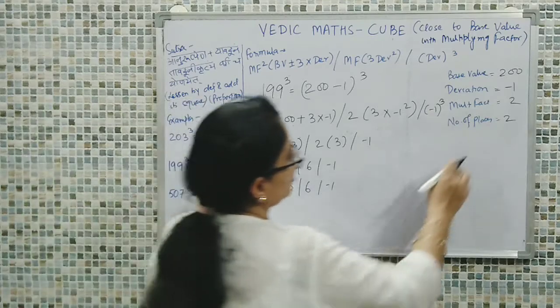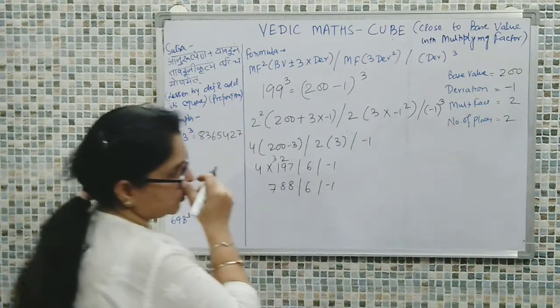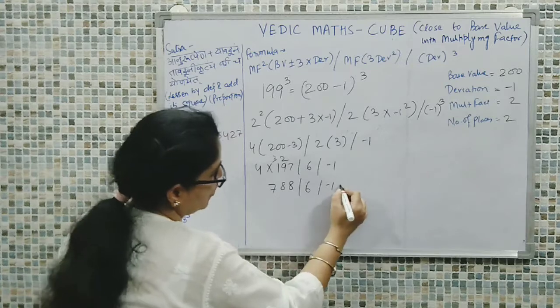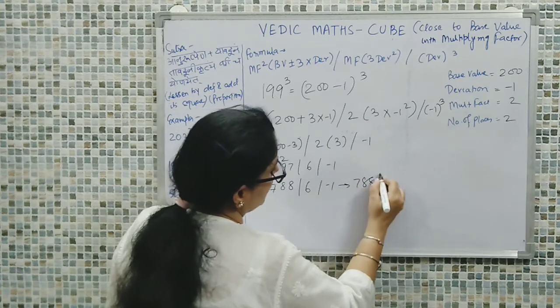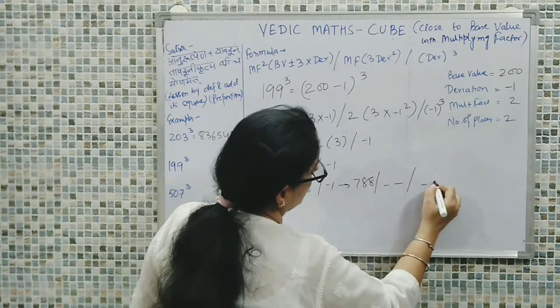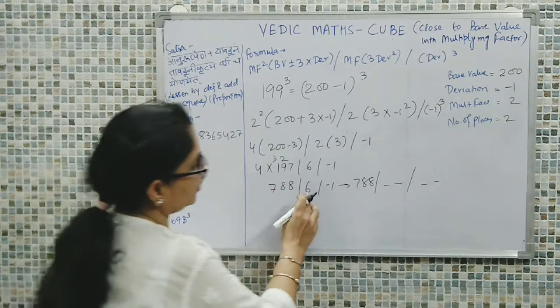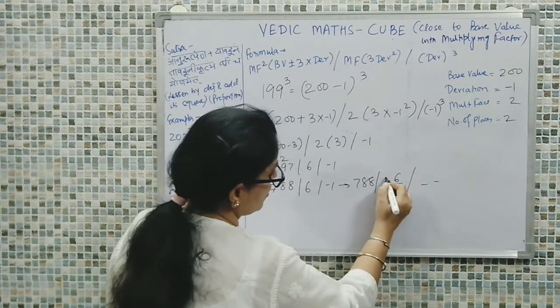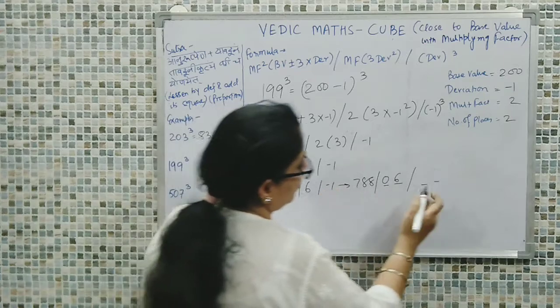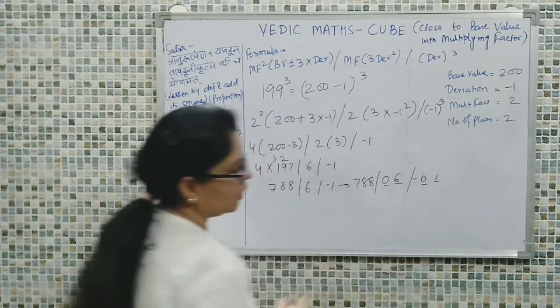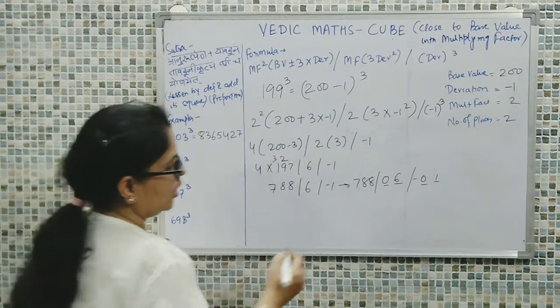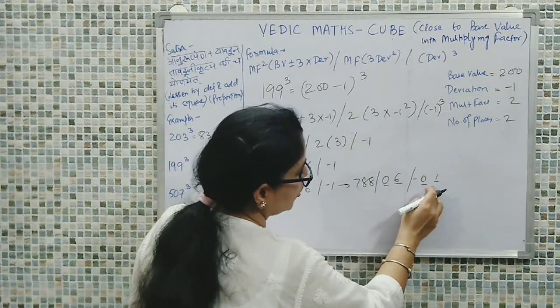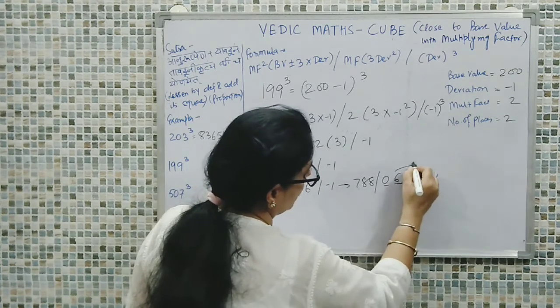The next thing we need to make out is that the number of places has to be 2 for each portion. So that has to be written as 788, 2 places here and 2 places here. Now the value 6 has to be written as 06, and minus 1 has to be written as minus 01. Next we need to convert this negative into a positive value, so we borrow 1 from here.